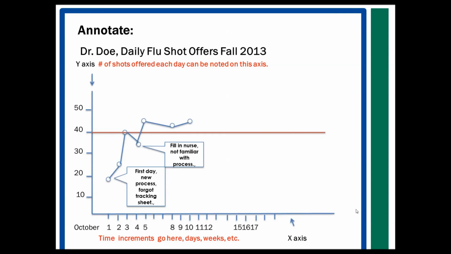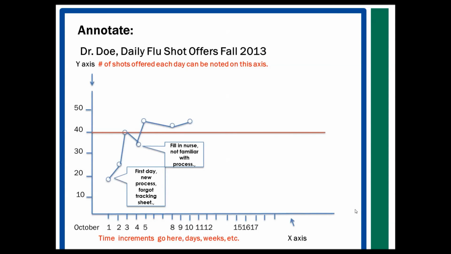So somebody who was regularly at the clinic was counting some patients they were offering shots to, but the fill-in nurse wasn't. So again, you can see where it's important to make those little notes if you do really well or if things fall off a bit, so that you know what happened that affected the data at that particular time.